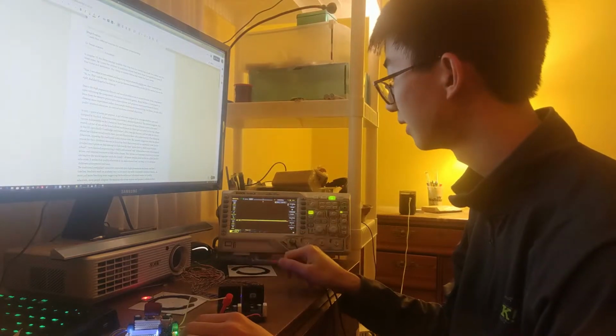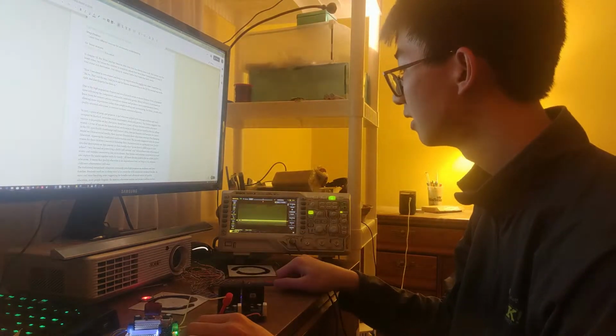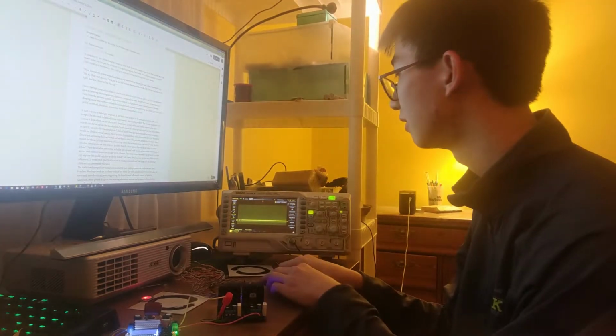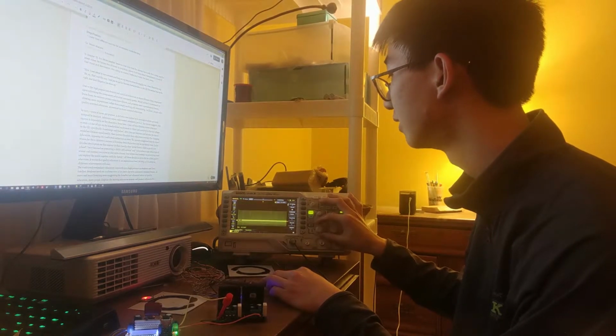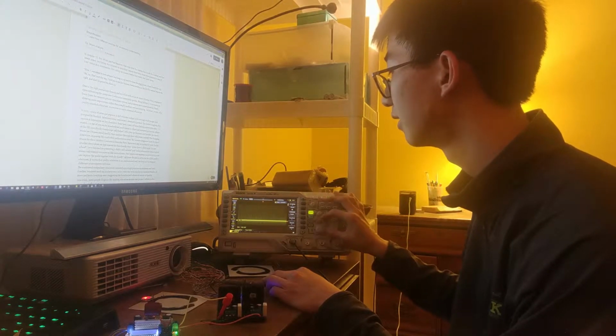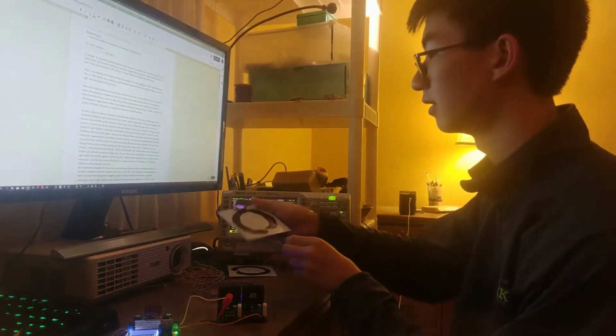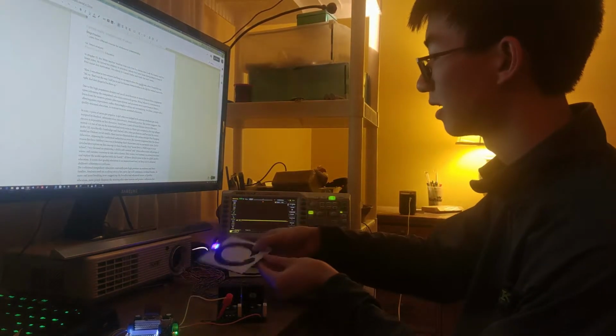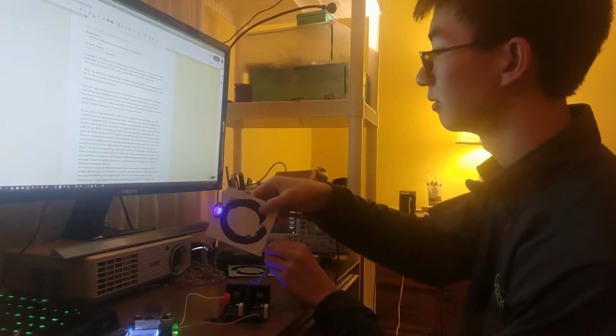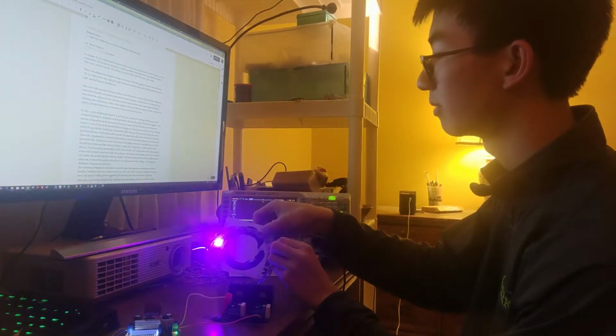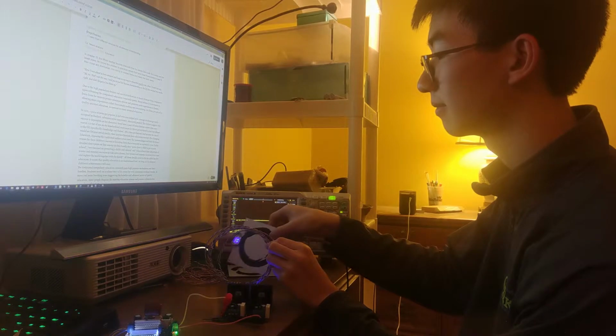As we turn it on and move the probe close, we can observe the high frequency switching pattern of the magnetic field. And if we move the LED and the probe at the same time, we can see that the waveform is proportional to the brightness of the LED.